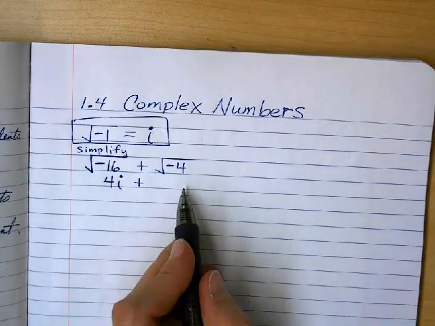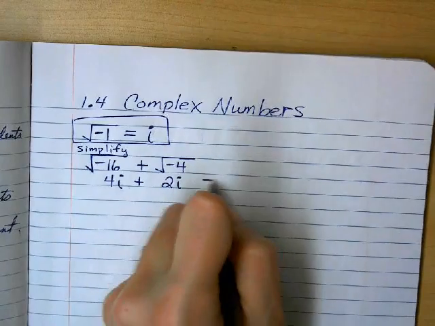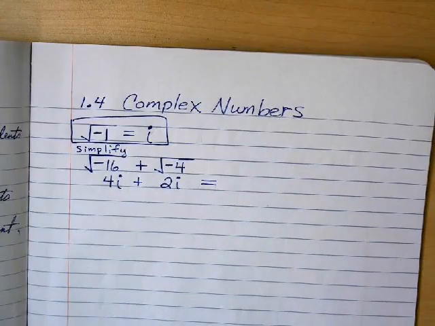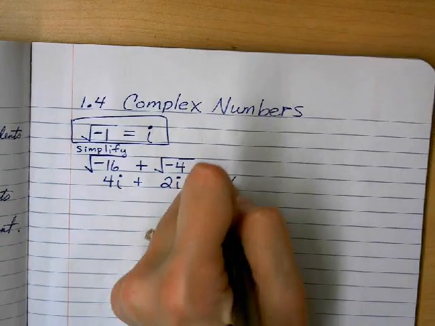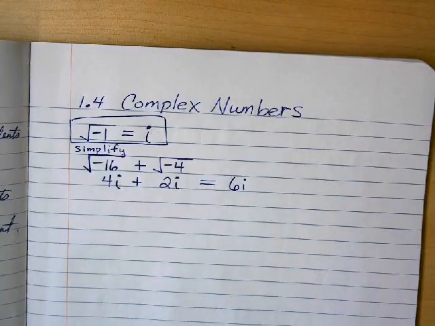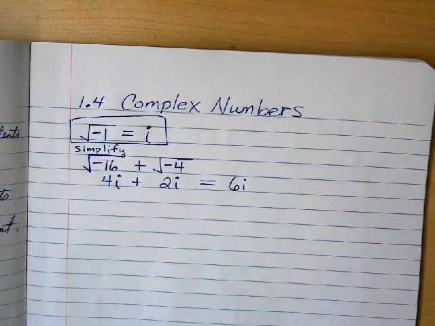So add that up. What do you get? There's your answer. See, that won't be too bad. Just gotta remember square roots of negatives. You have to put i. That's not real difficult. You're gonna have to do some addition or subtraction.